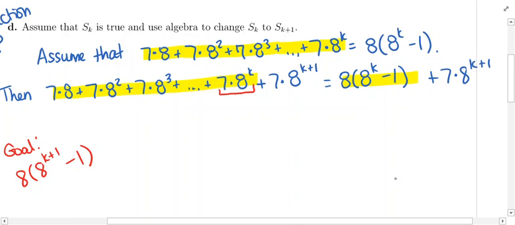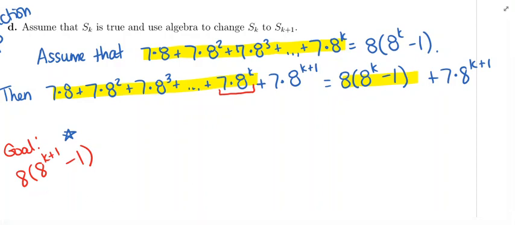So at this point, what we need to do is use algebra to turn this right side into our goal. Okay, our goal is over here in red. Okay, so this is just a reminder, when you're doing the algebra part, there's probably more than one way to do it. Okay, so you may do something completely different than what I'm about to do, but get there in a correct way. Okay, so just keep that in mind.